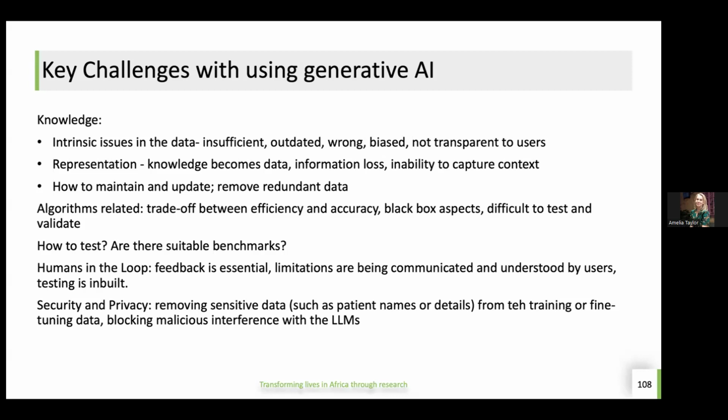One is representation. Again, same issue as I mentioned before. Every time you use any computer system, you lose information, and that information loss can be important to the behavior of the tool that you are using.